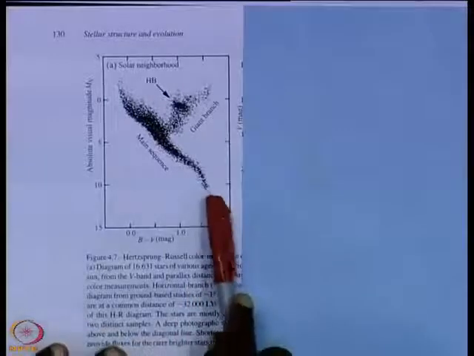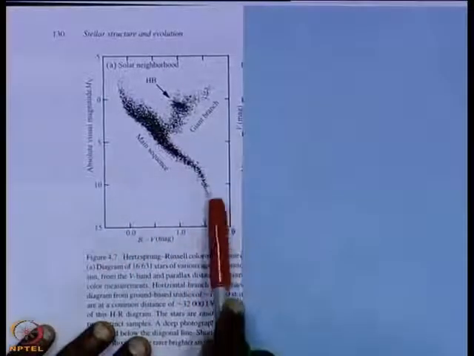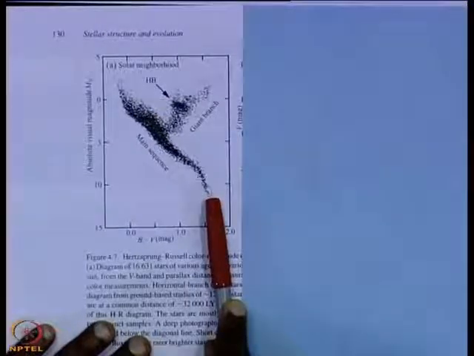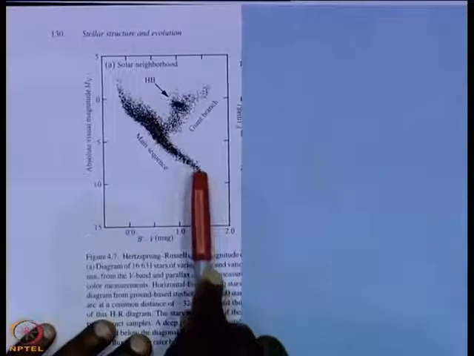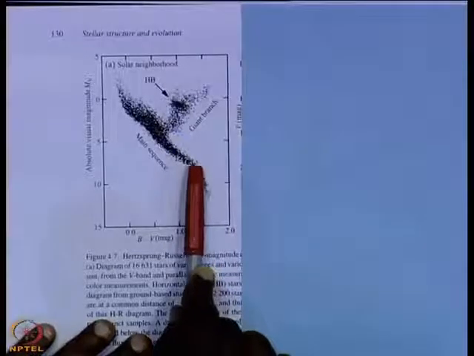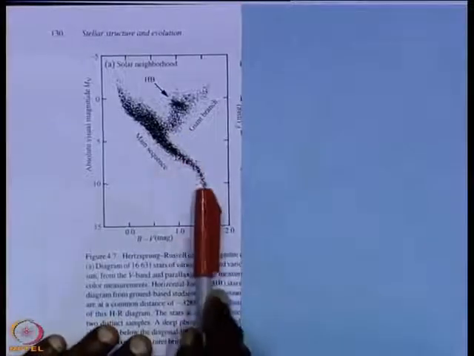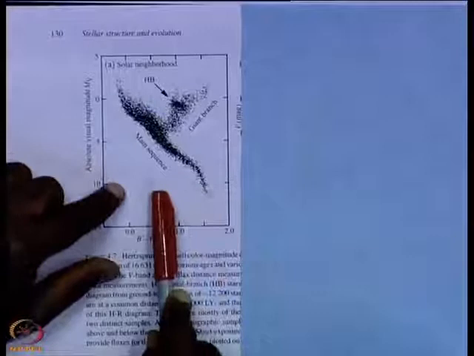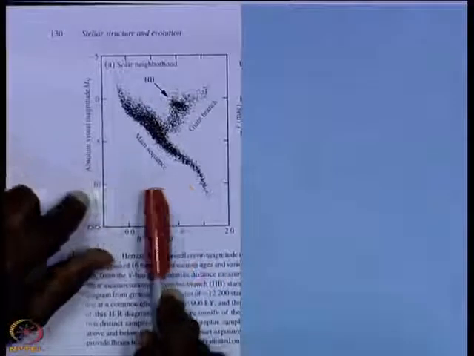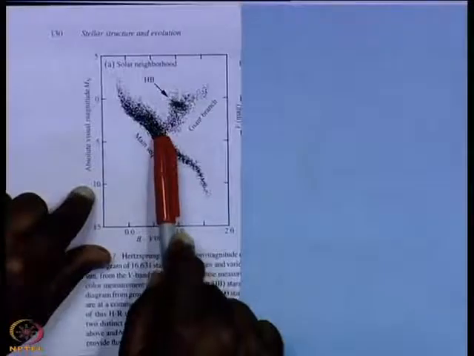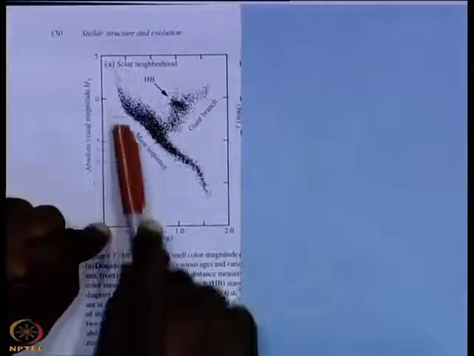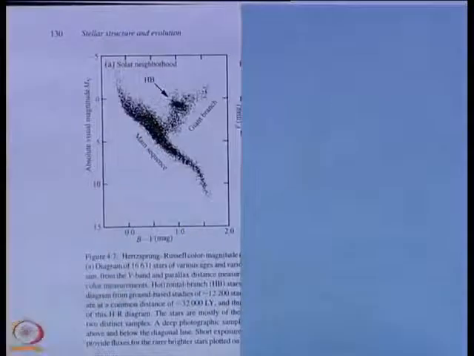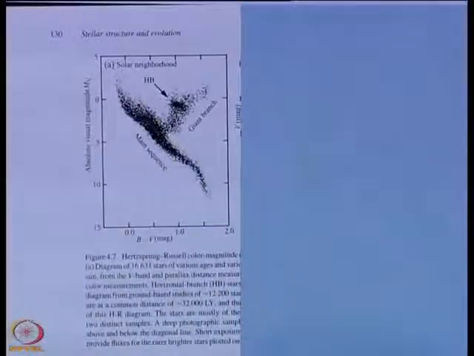These are the relatively cool, low temperature stars. As you move to the left, you go to hotter and hotter, bluer stars, and you find that the hotter stars are also more luminous, and the hottest stars are the most luminous ones. These are all stars within the solar neighborhood, within 300 light years, and this shows you the stars on the main sequence.